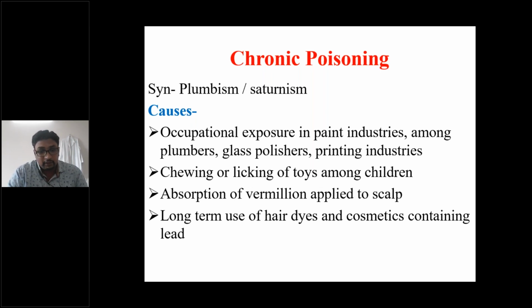If they constantly apply it for a prolonged time, there is every chance that a minute amount of chronic lead poisoning can occur. And long-term use of hair dyes and cosmetics containing lead can also cause chronic poisoning.